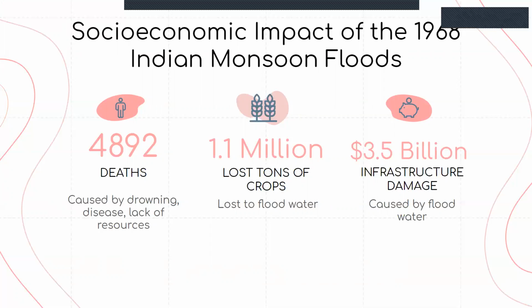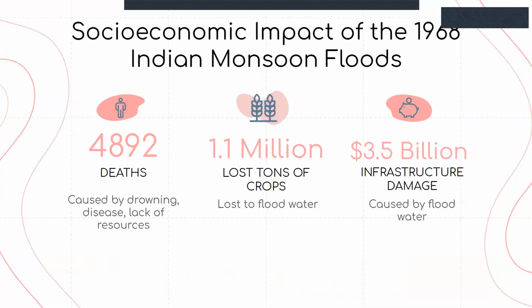People were dying from it. During the season, 1.1 million tons of crops were lost due to floodwater. This ultimately destroyed a massive part of India's economy in the East Bengal area, as crops were a main source of income during this period of time.